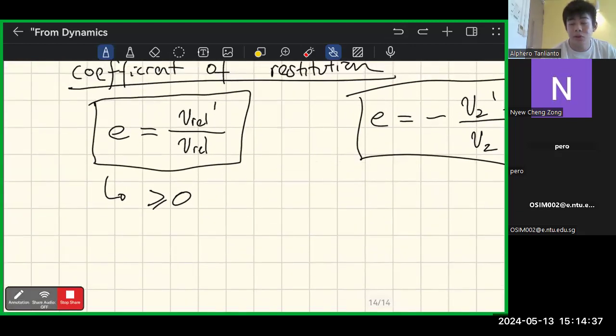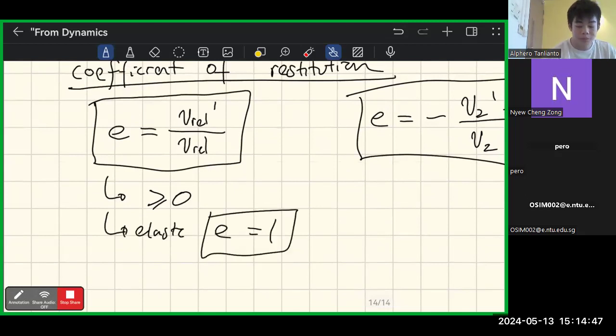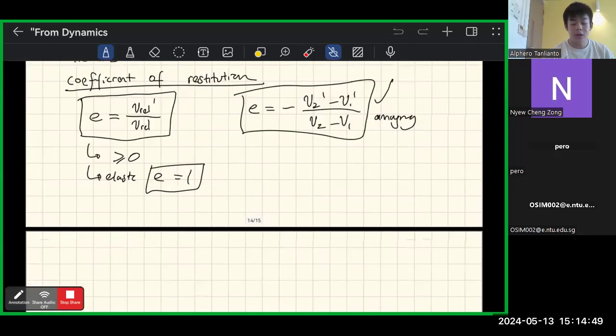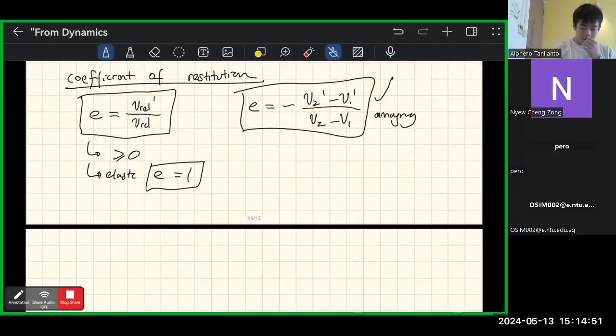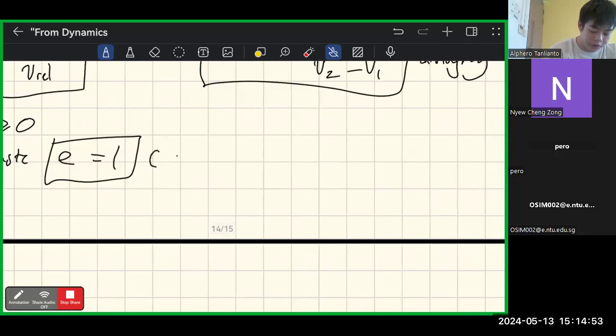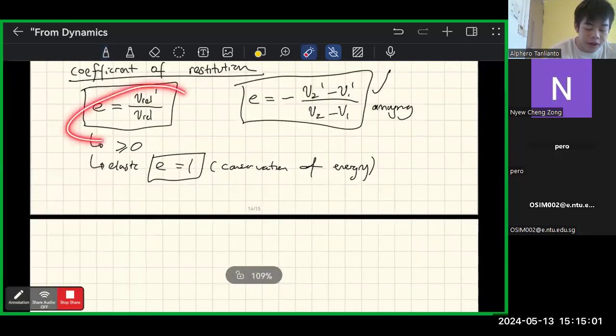If the problem tells you the collision is elastic, then E equals 1. This is the important part. And actually this E is derived from the conservation of energy.